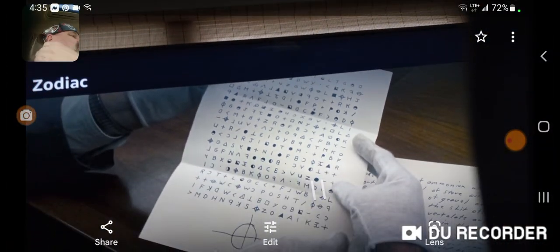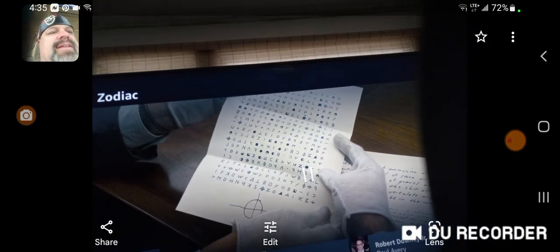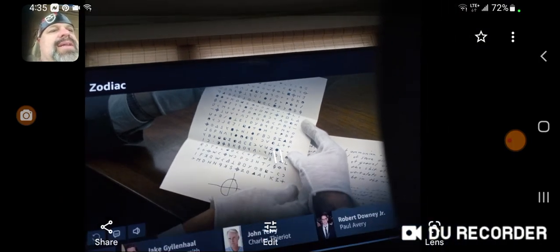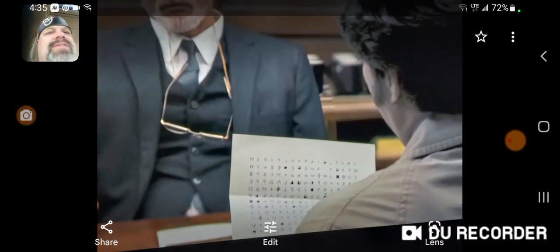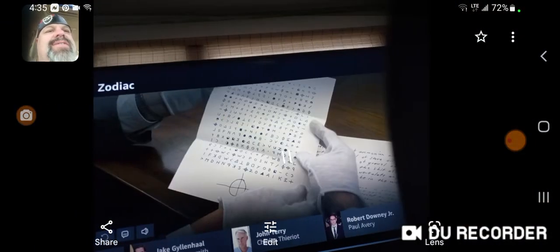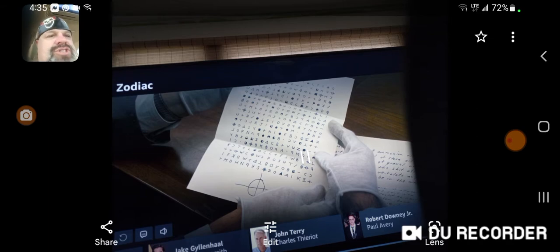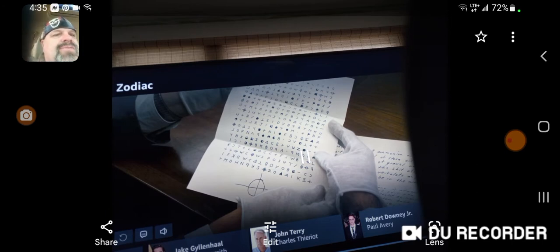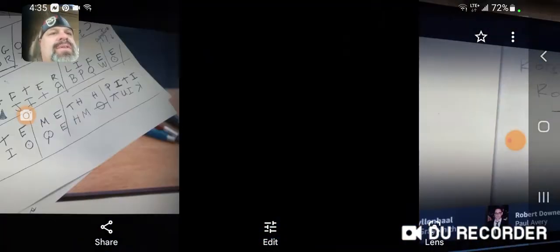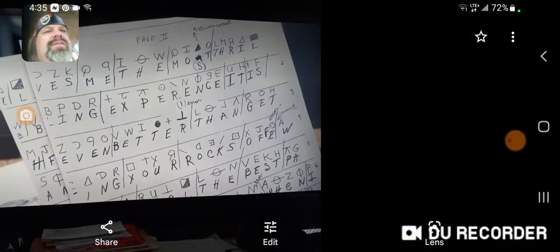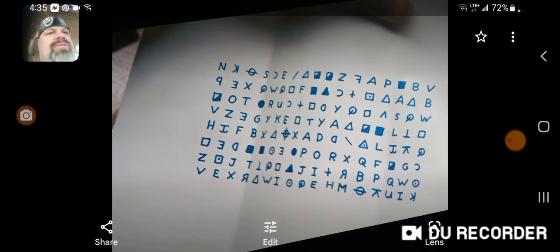So what I did, I took a picture of that. And I took a picture of course, I had to get the top half, because no matter how I did it, I couldn't get the full sheet of paper. And so I had to do this. They only show this, and then they show this. So I had to sit there and go back and forth and put it in perspective. And of course, this one has already been deciphered.